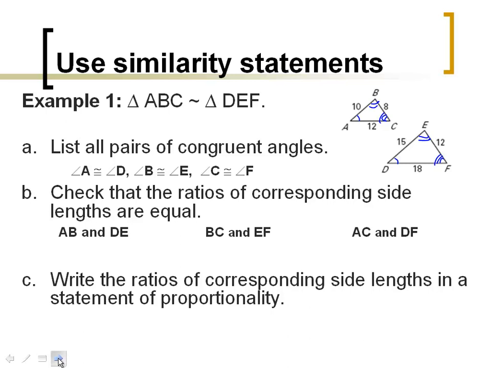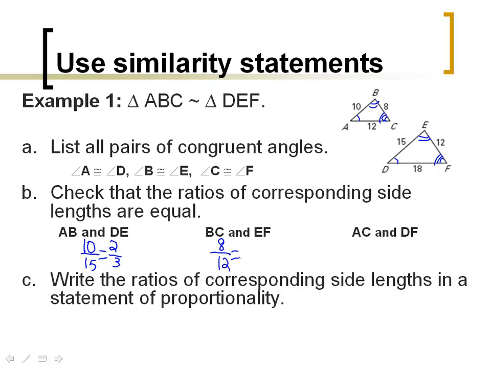So segment AB and segment DE, remember AB with no line above it means the distance, so that's 10 over the distance from D to E is 15. If you reduce that, divide the top and bottom both by 5, you get 2/3. The distance from B to C is 8 over the distance from E to F is 12.